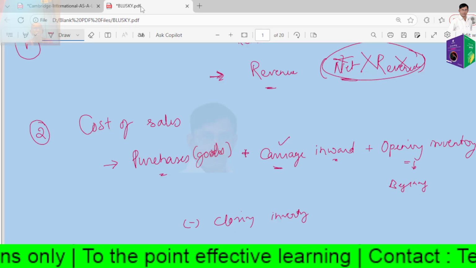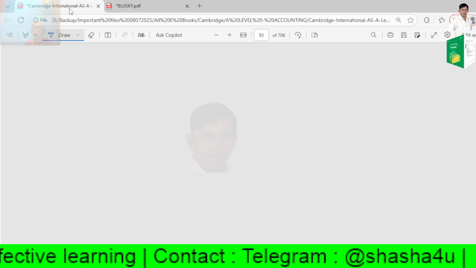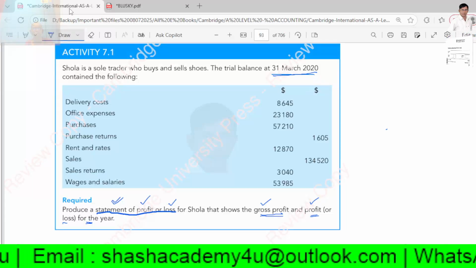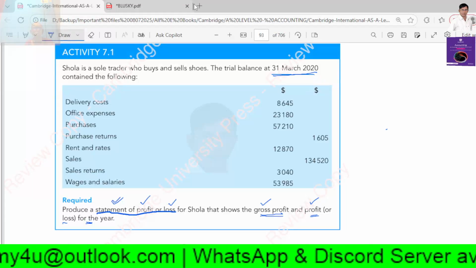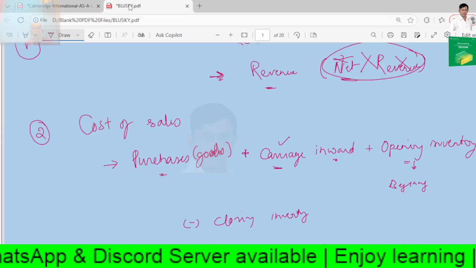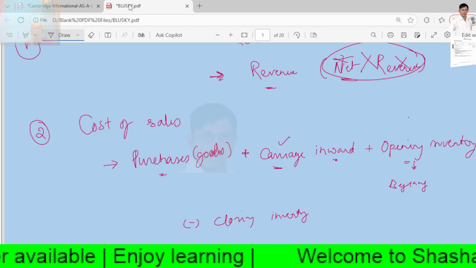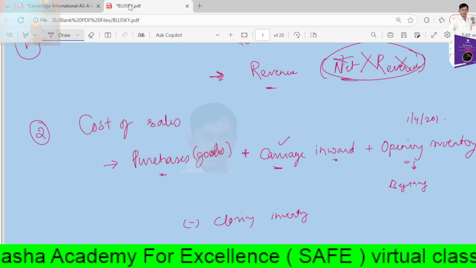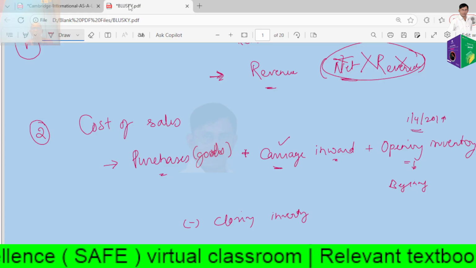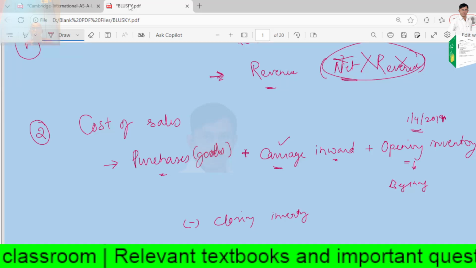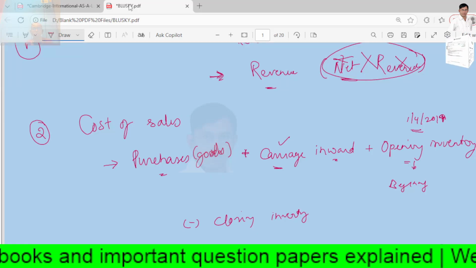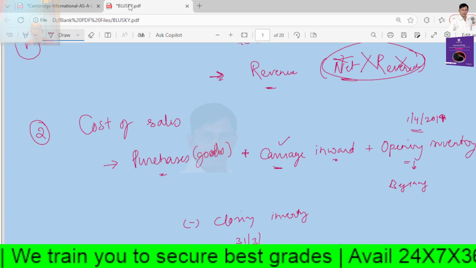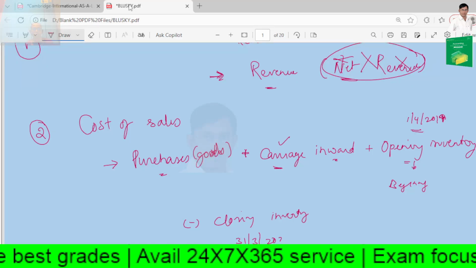In the instant case, for the year ending 31st March 2020, opening inventory is on 1st April 2019, and closing inventory will be on 31st March 2020.